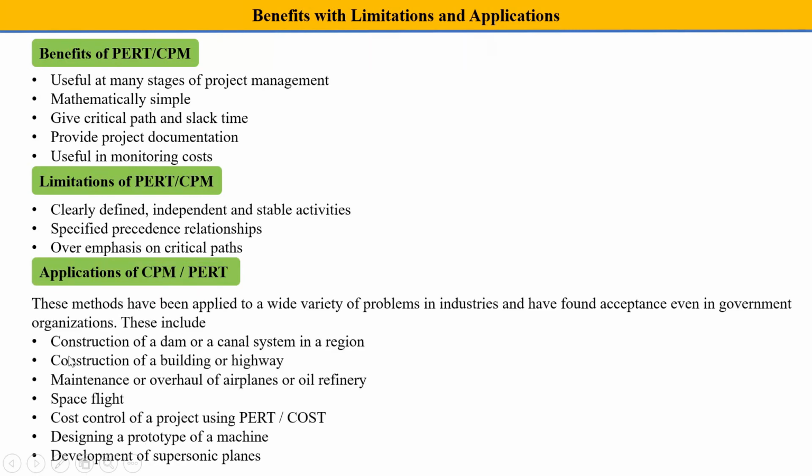Applications are many, like construction of a dam or a canal system in a region, construction of a building or highway, maintenance or overhaul of airplanes, space flight, cost control of a project using PERT, designing or prototyping of a machine, and development of a supersonic plane. So these are some applications, limitations, and benefits.